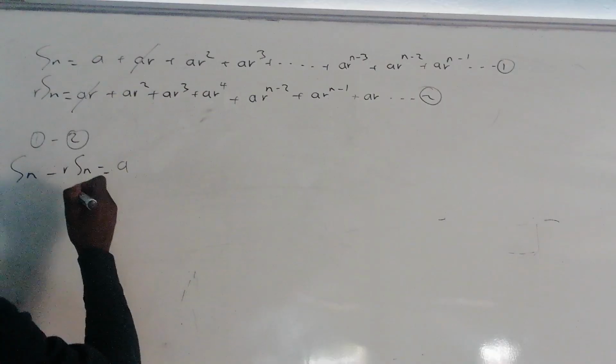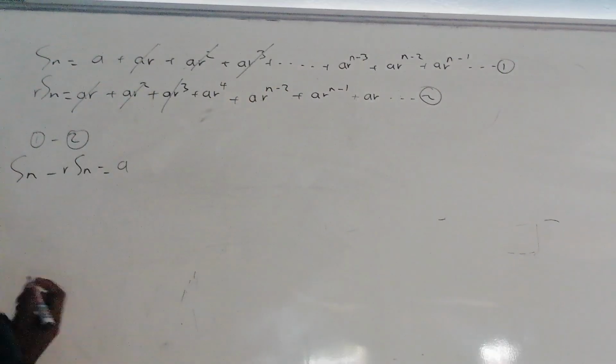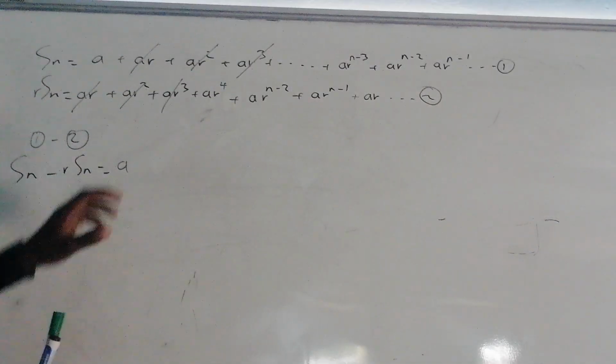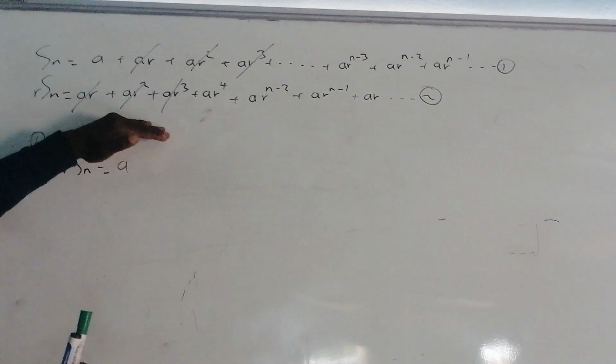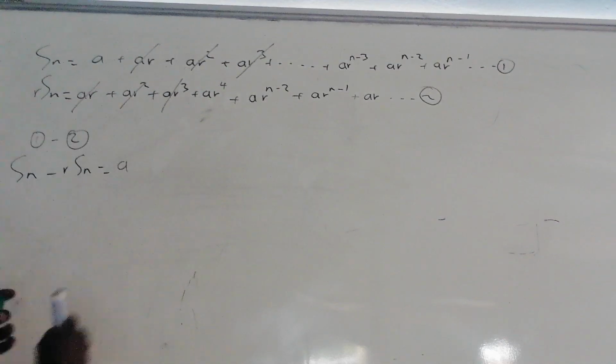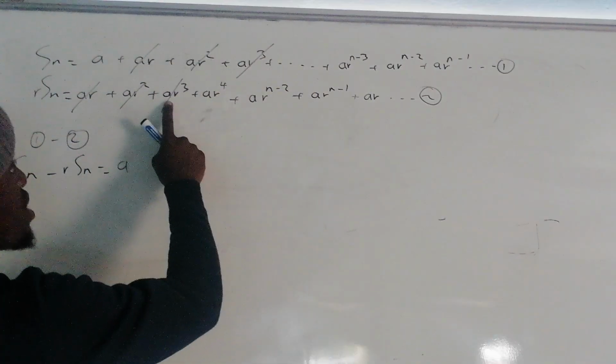This minus this, meaning that everything that you have in equation 1 must cancel whatever we have in equation 2. So here this is ar cubed, and we do have it here.